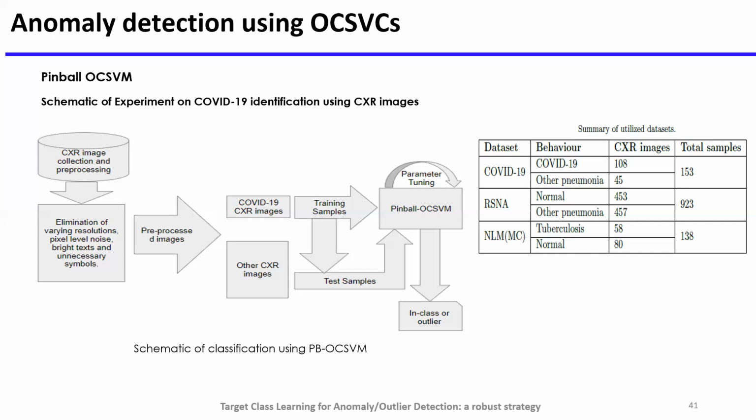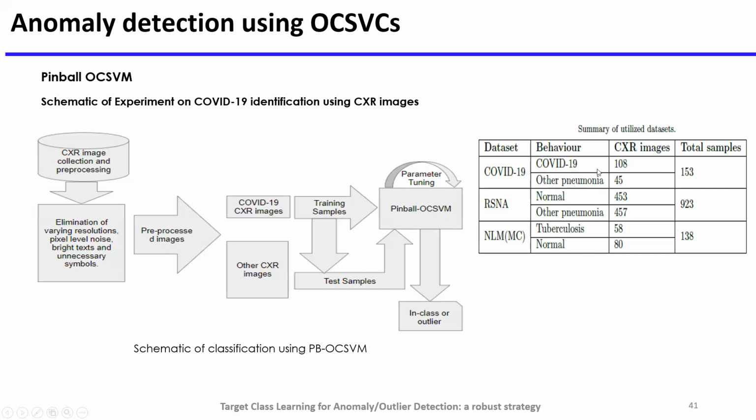So in that, what has been done? No doubt the preprocessing was needed. So preprocessing was done at pixel level or brightness level, or in terms of image clarification or cleaning. Once obtaining the images of all these data sets, the COVID-19 data set, RSNA, and others, these data sets have different behavior.